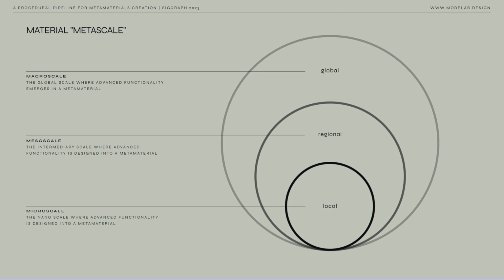The next level up at the mesoscale, interactions between units create regional behaviors, and then differentiated material characteristics occur there. And then finally, the metamaterial performs holistically at the macro scale. And it's this interplay of hierarchies that makes metamaterials so unique.